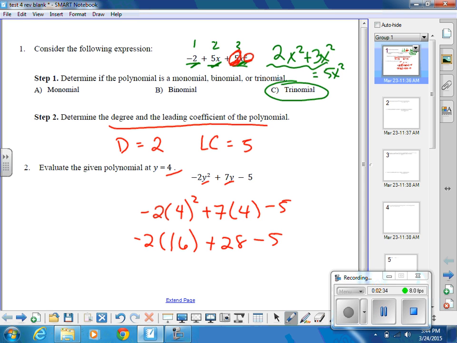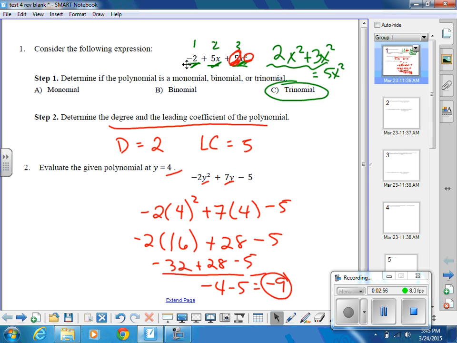So minus 2 times 16 is negative 32, plus 28, minus 5. Minus 32 plus 28, you want to do left to right first, okay? Ends up giving you minus 4, and then bring down your minus 5. We're going to be adding those 2 negatives to get minus 9 as the final answer to this problem.